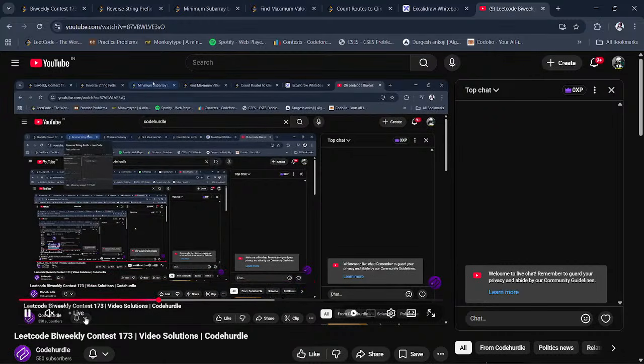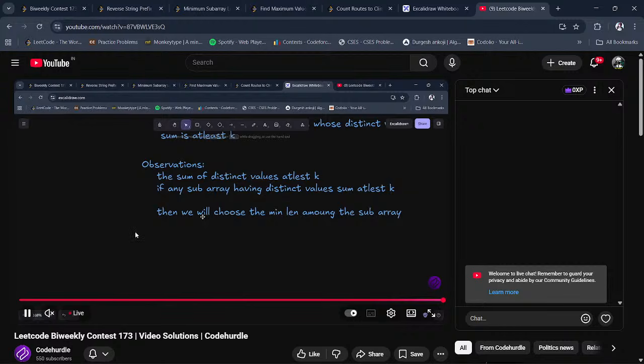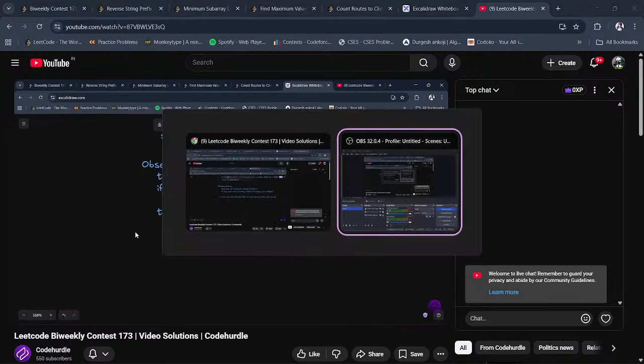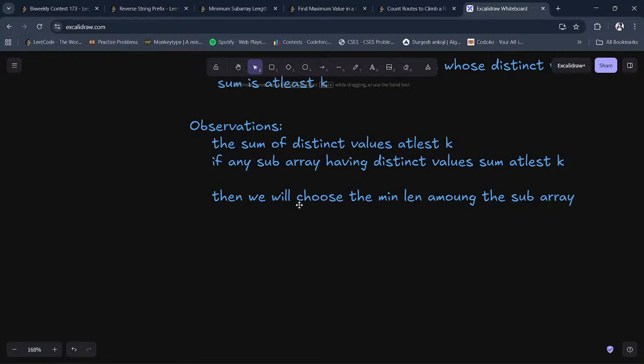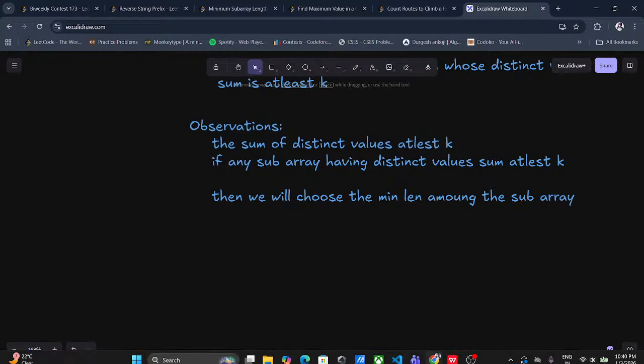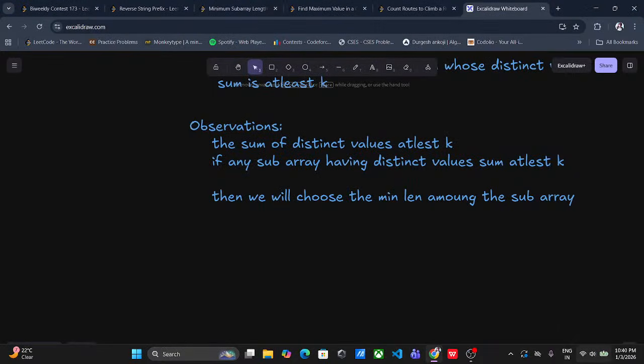Are you guys facing echo? Just a second. I'm not sure what the problem is exactly.